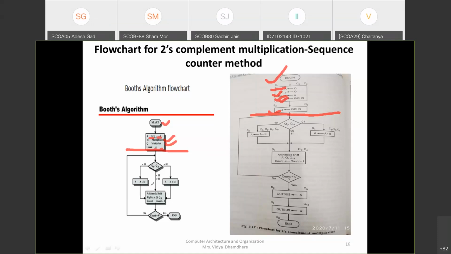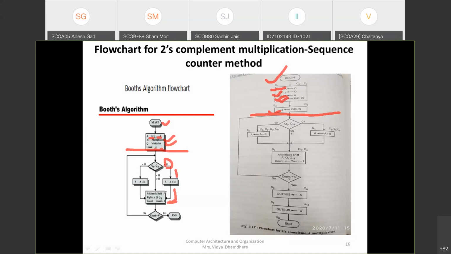If not, that means Q0 and Q minus 1 have value 0, 1. That time we perform the addition operation, A equals A plus M, and then go to the next operation, the arithmetic right shift of registers A, Q, Q minus 1, and the counter is decremented by 1.